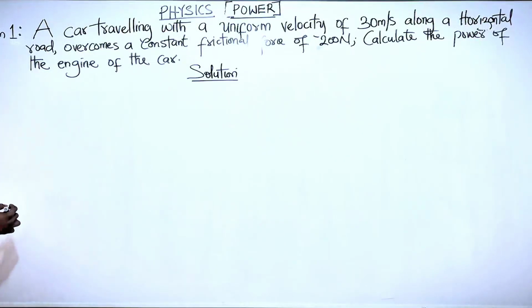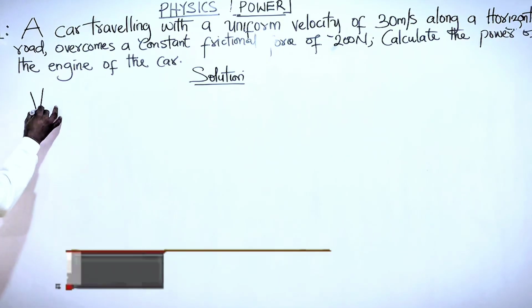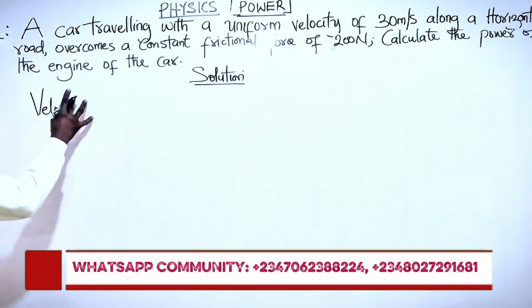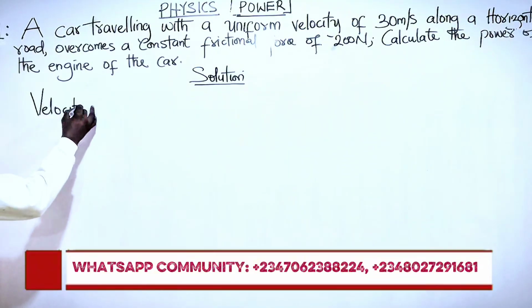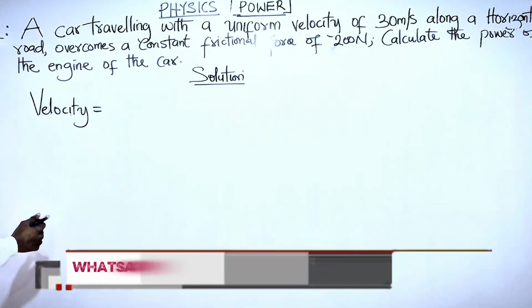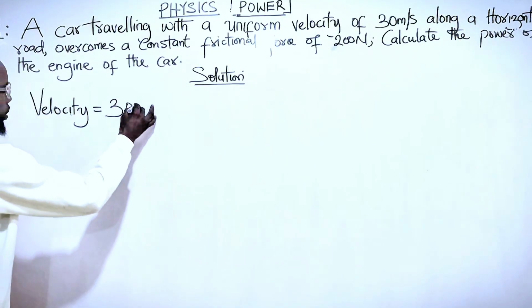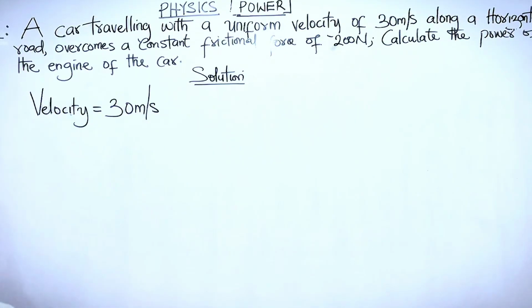It said the car travels with a uniform velocity of 30 meters per second along a horizontal road and overcomes a constant frictional force of 200 newtons.